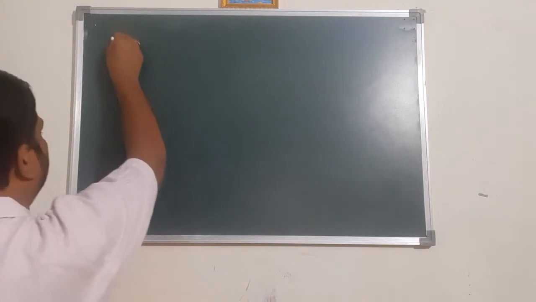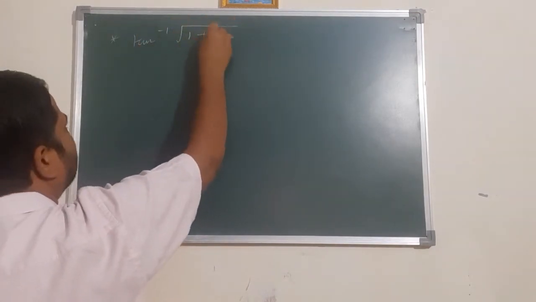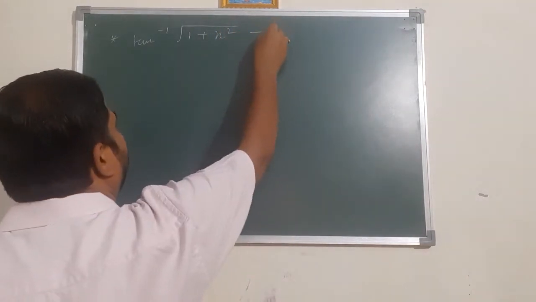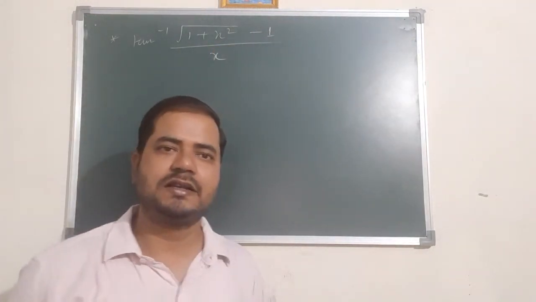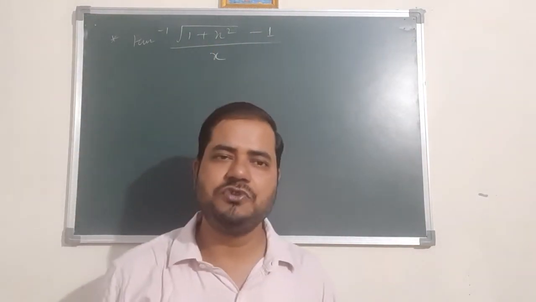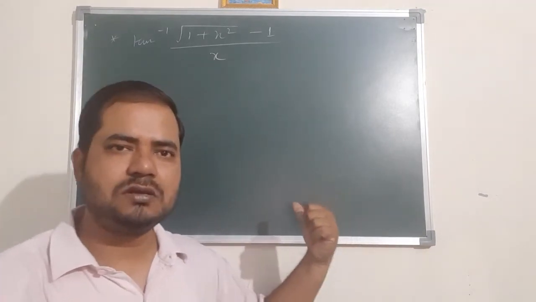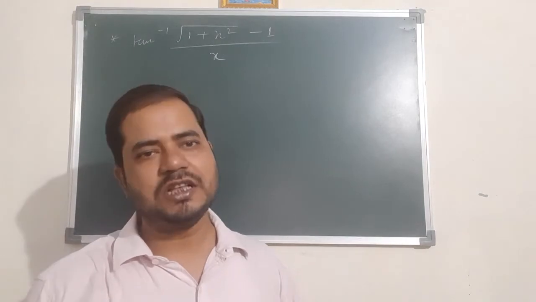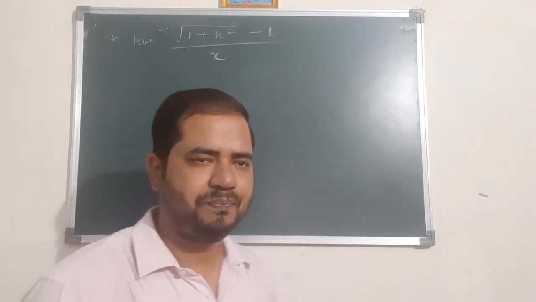Tan inverse of root of 1 plus x square minus 1 upon x. So you must write this one in its simplest form. This is very useful, right? Because in differentiation we also need this type of simplest form. In integration also we need this type of simplest form.